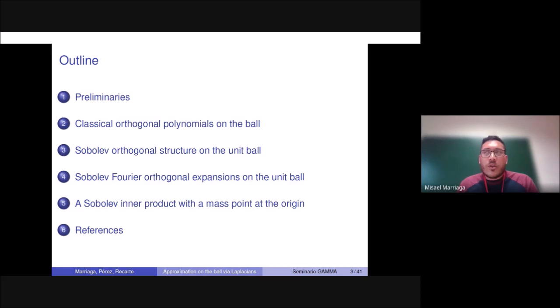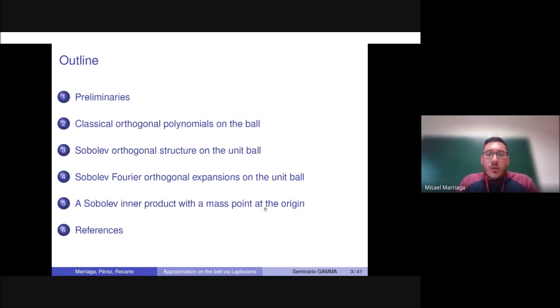I'm going to center my attention on the construction, because I'm going to use the idea of the construction for the classical polynomials to construct a basis for the Sobolev orthogonal polynomials. Once I have this construction, I'm going to find some properties as well, and then I'm going to talk about the Fourier series with respect to this inner product.